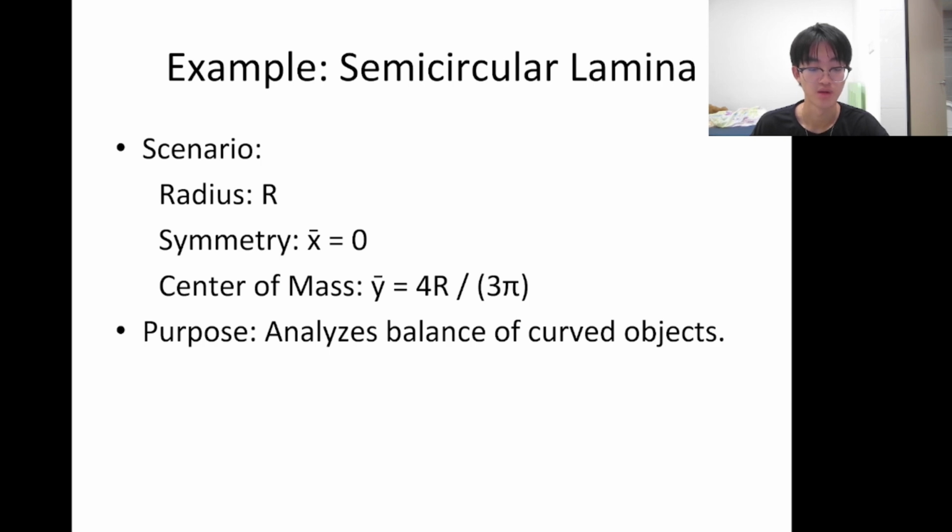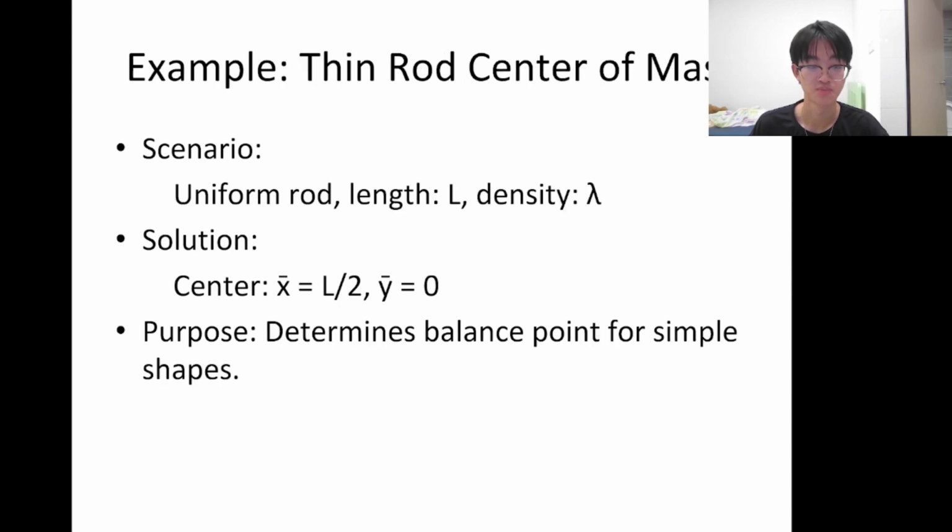Convert coordinates and calculate. Thus, x̄ is L divided by 2 and ȳ is 0. So we can find the center of mass. So understanding the center of mass is crucial for balancing objects and designing stable structures.